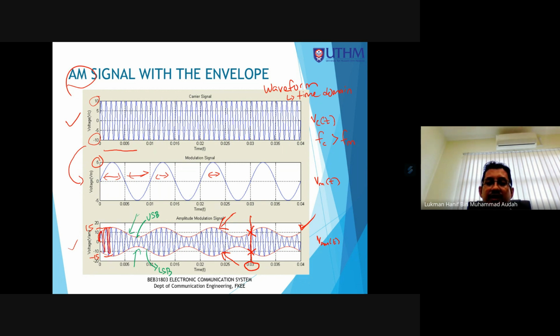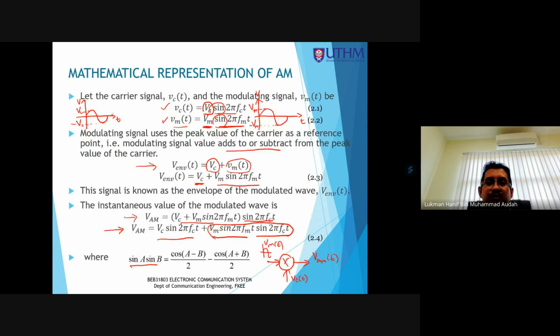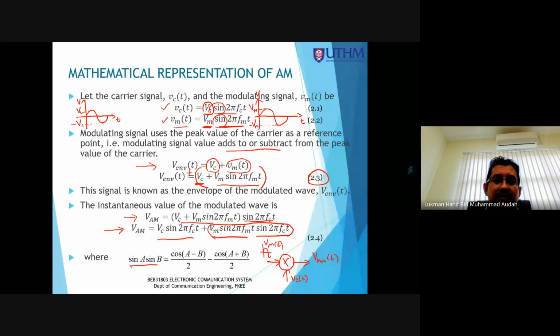In order to find the envelope, we have to use the envelope equation, equation 2.3, which is VC plus VM sine omega MT. For your information, this envelope can be positive or negative.